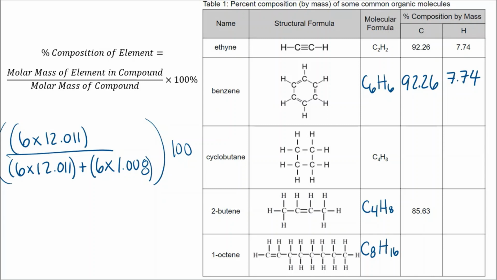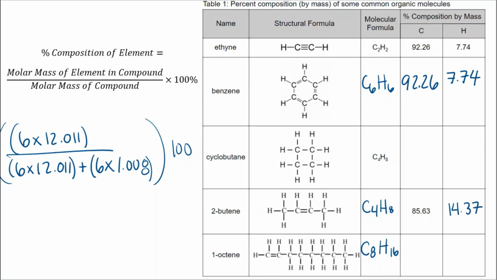So how could we get, say, this hydrogen percentage here? Well, once again, we can just subtract from 100, and we can get that percent for the hydrogen. So that gives me 14.37.